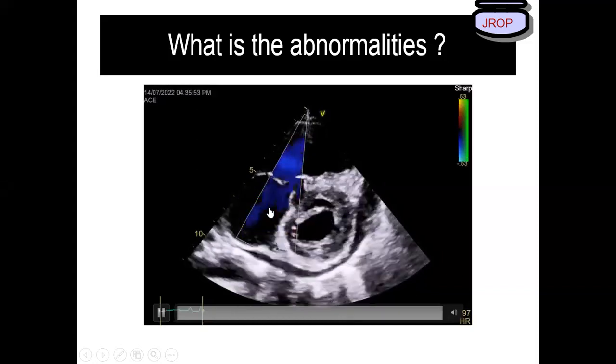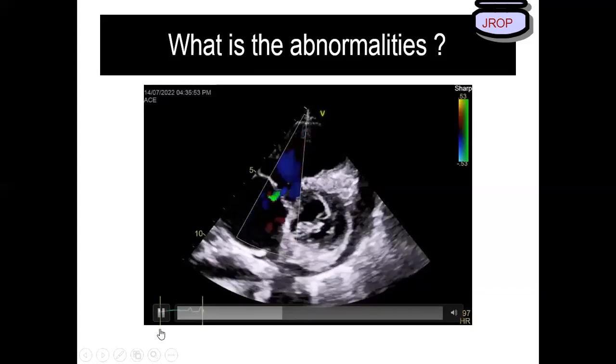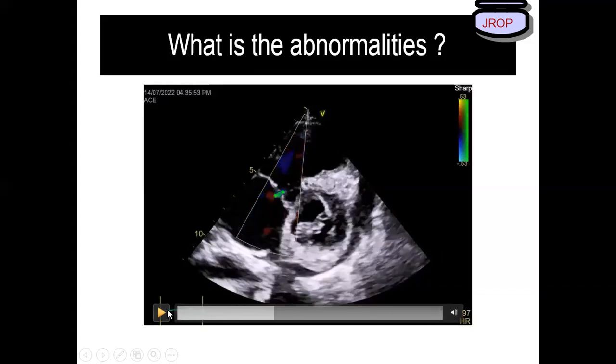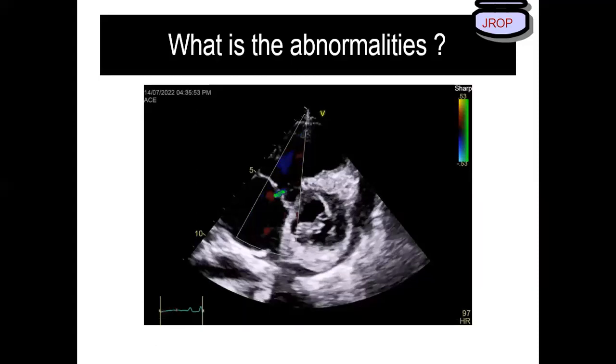Suppose this vena contracta is 5 millimeters. What will you say the severity of TR is: mild, moderate, severe, torrential, or massive? Sir, vena contracta 5 millimeters. Centimeter. So moderate.